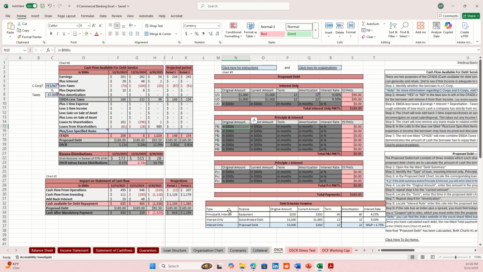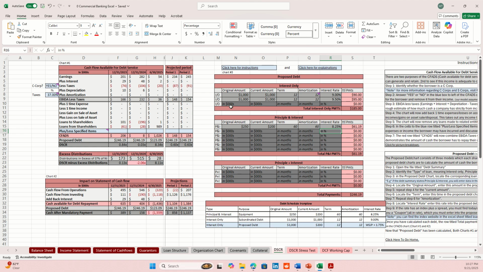Now I'm going to do the principal and interest loan, which was 250, original amount, 200 outstanding, 60-month term, 60-month fully amortizing, 60-month amortization, 8.25%. They're charging 8.25% as the interest rate.